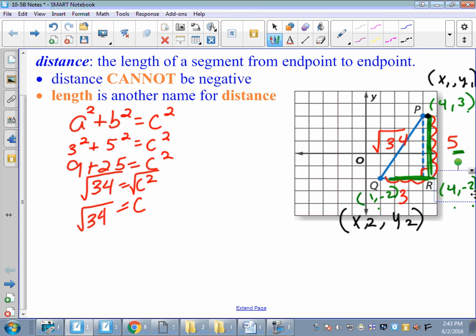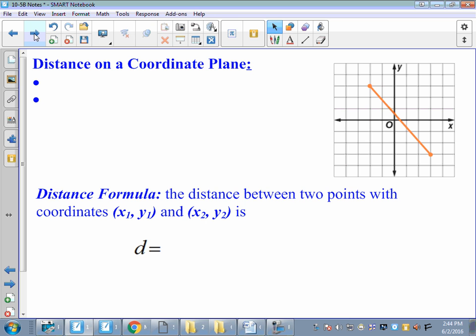And what happens here is you can see that the distance between these two then, if I can find the distance for the other two sides by just subtracting the x coordinates and the y coordinates, since it's a combination of a horizontal motion and a vertical motion, we can do the combination of those two things. So this is where the distance formula is derived from.